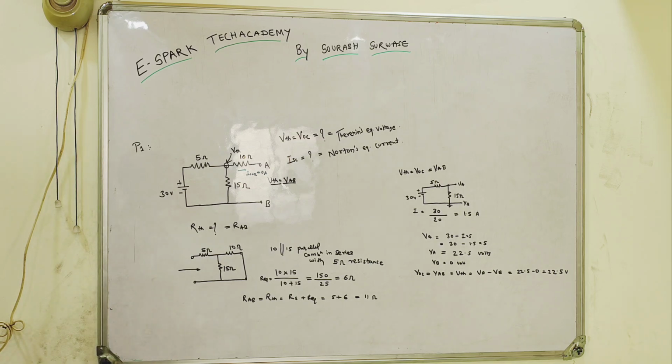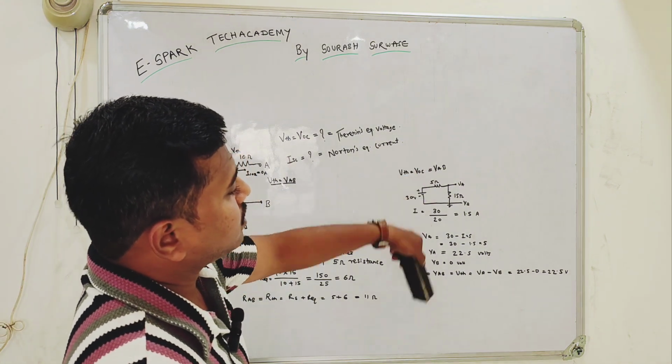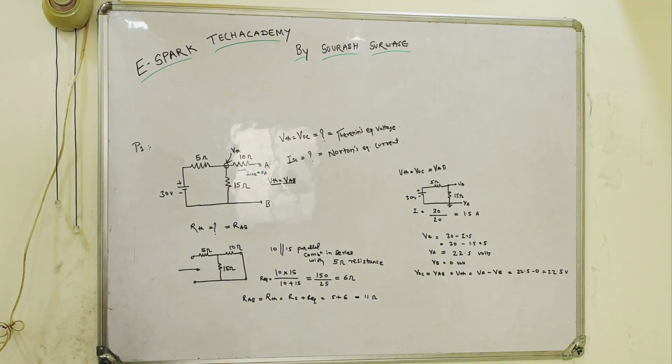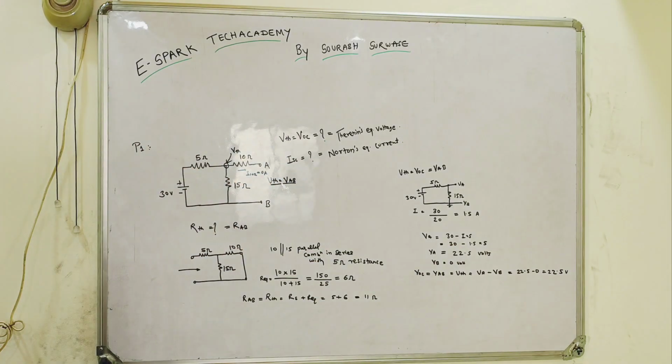Voltage is nothing but I into R. Here the voltage is already given, we are just applying the KVL simply and calculating VA, the terminal voltage of point A.